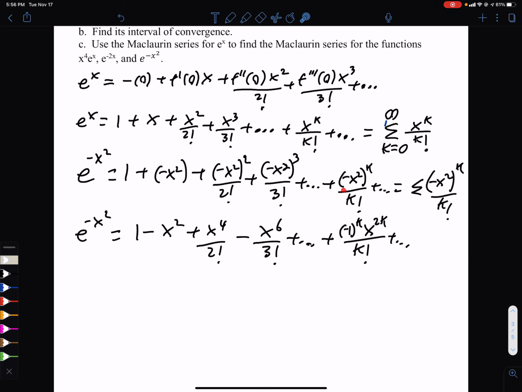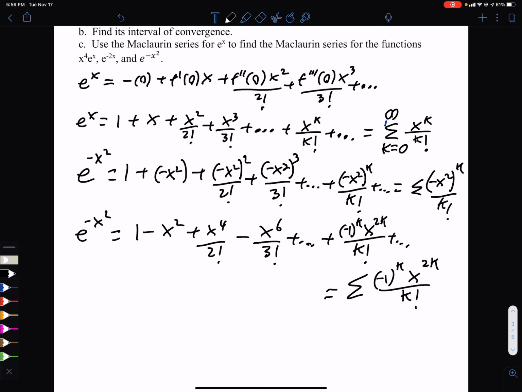So I had to split this up into two separate things. It's like negative 1 times x squared to the k, so each of them gets the power of k. Okay? And the last one, same thing, negative 1 to the k, x to the 2k over k factorial, and that's my summation notation form.